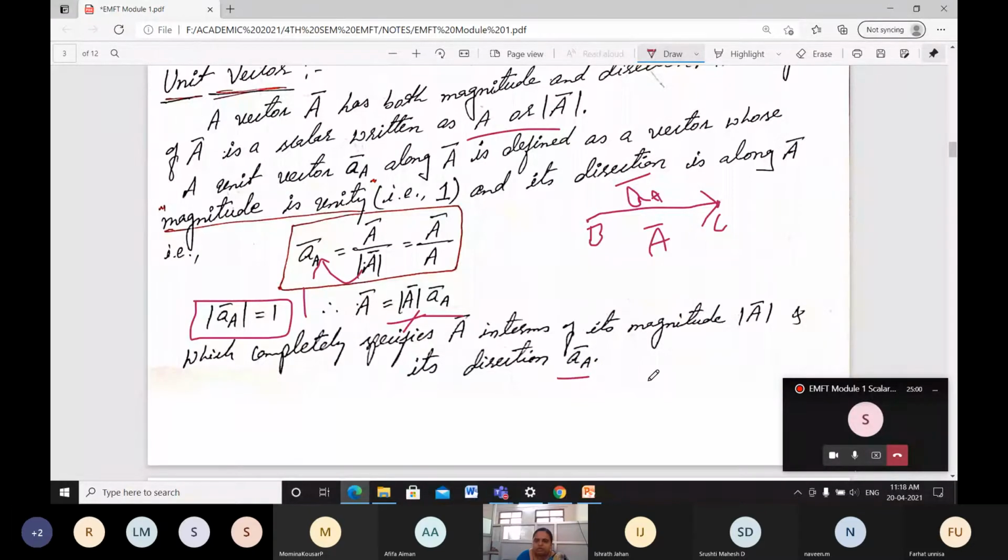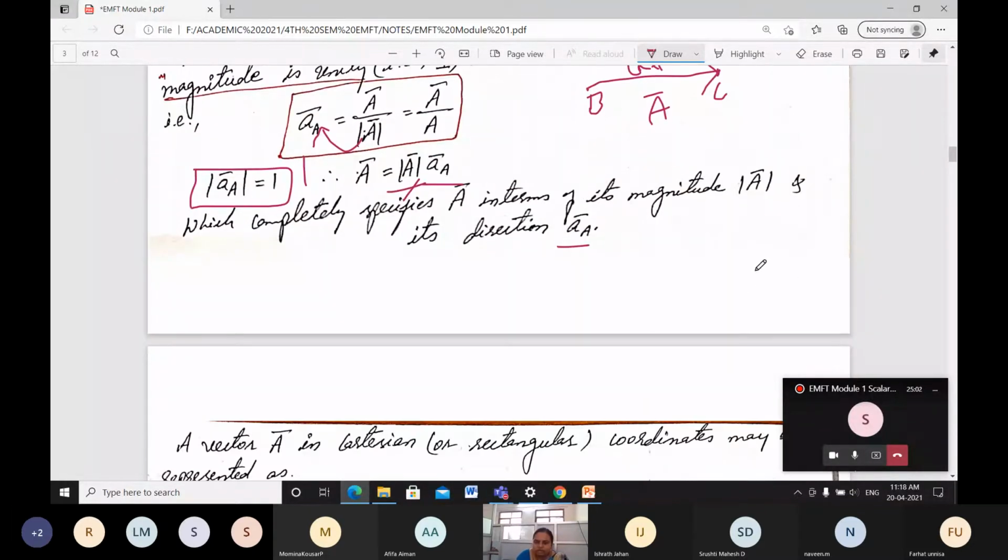A unit vector means if I take a vector showing in this direction, this is our small a of a bar. This is our unit vector. Okay, assume that this is one more vector, which I take as vector B. This unit vector completely gives the specific direction of any vector.